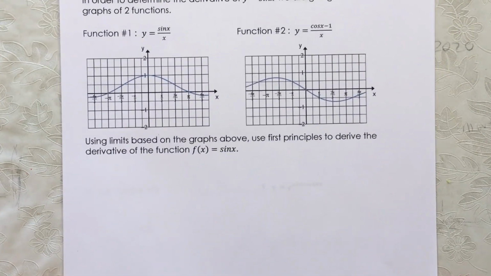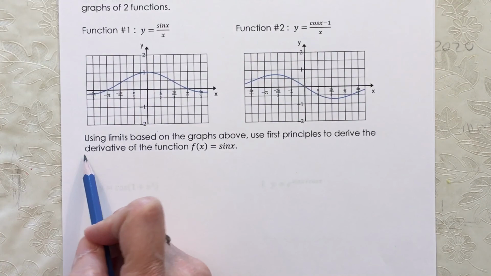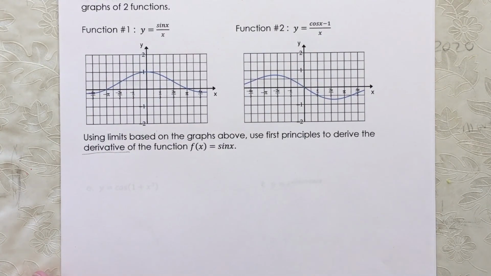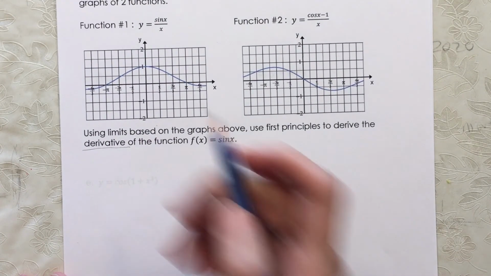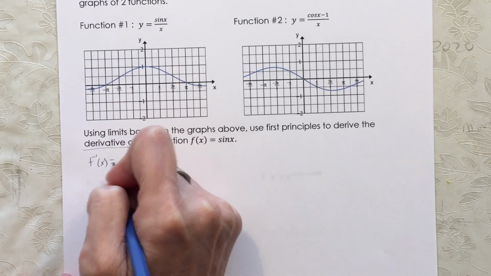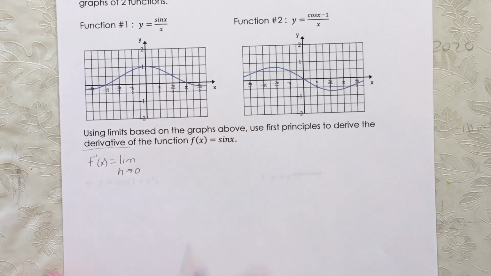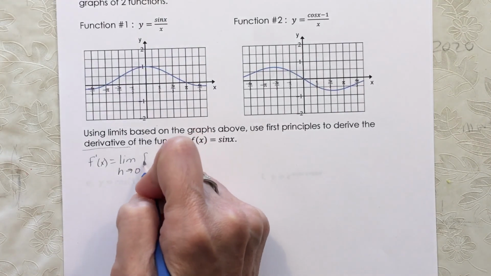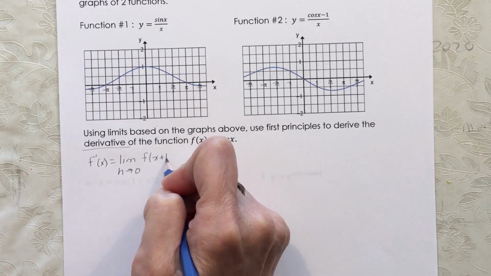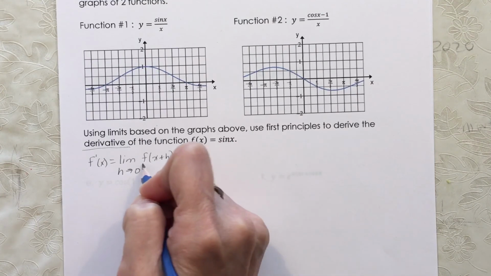So using limits based on the graphs above, use first principles to derive the derivative of the function f at x equals sine x. So we know that, from first principles, f prime at x is going to be the limit as h approaches 0 of f at x plus h minus f at x over h, the first principles formula that we learned way back when we started calculus.